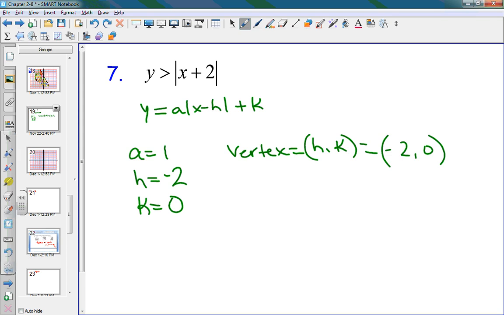Since a is positive, what is this thing going to look like? It's going to have a minimum point, and it's going to be a V. Do we understand that? And what do we know about all absolute value graphs?